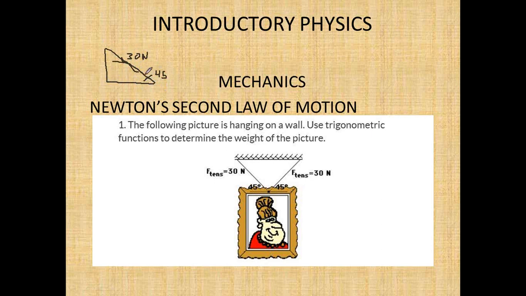Because the tension is pulling the picture up, the vertical component is going to be in that direction. Remember, it's the vertical component that's going to support the weight. And the horizontal component is going to go in this direction.